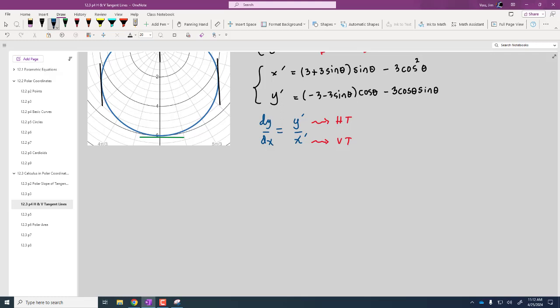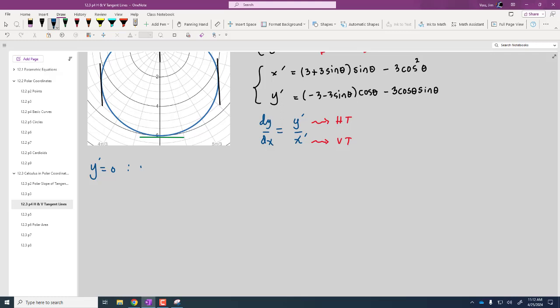So let's go y prime equal to 0. This is going to be looking for horizontal tangents. We'll find those first. So y prime, set it equal to 0. We can divide out negative 3, right? Negative 3, negative 3, negative 3.